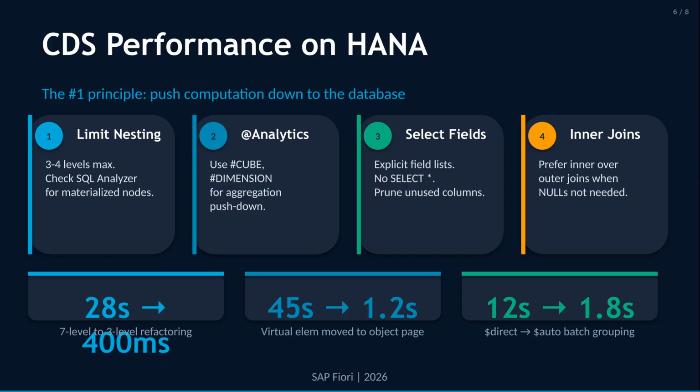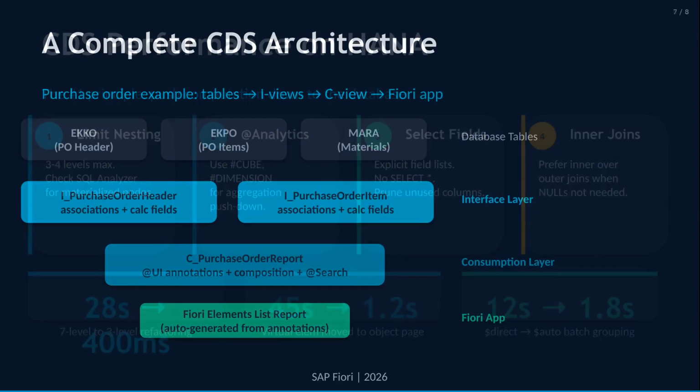The @Analytics.dataCategory annotation tells the runtime whether your view is a dimension. Getting this right enables HANA's native aggregation pushdown. Third, be selective about which fields you expose. Every field in a CDS view is a column that HANA must read. If a field is never used by any consumption scenario, remove it from the interface view.